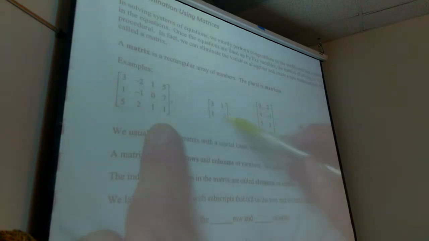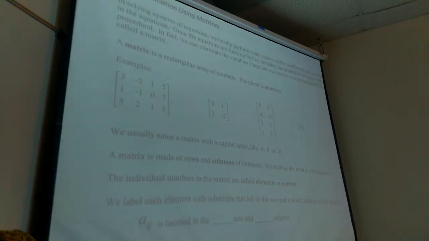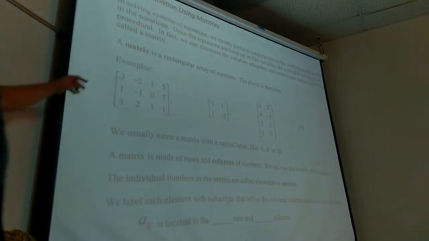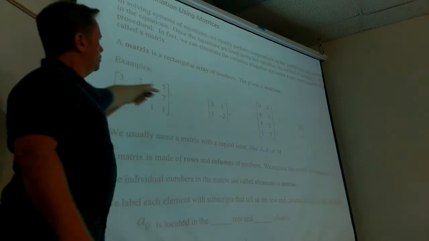So let's build our way. Let's see what a matrix is, period. Here are matrices. This is back on page 59. So this is a matrix, that's a matrix, that's a matrix. Even that's a little matrix. Little tiny matrix. All a matrix is, is something that has these columns and rows.